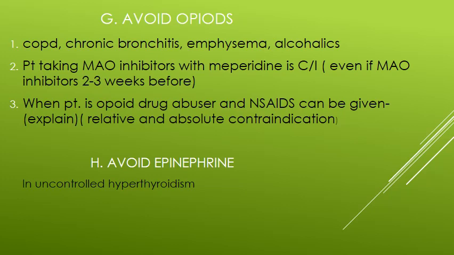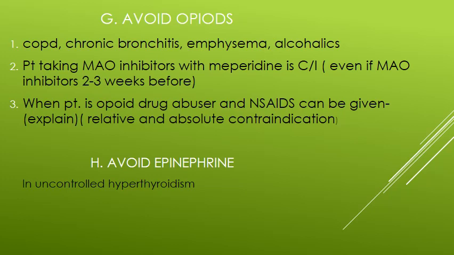But let's say a patient is an opioid drug user and NSAIDs are contraindicated or the patient is allergic. Then opioids become a relative contraindication because the patient is having severe pain and you do not have any other option. So in that case you will give opioids to that patient.